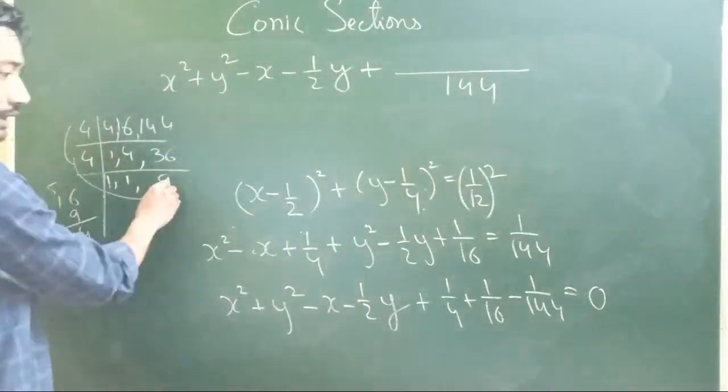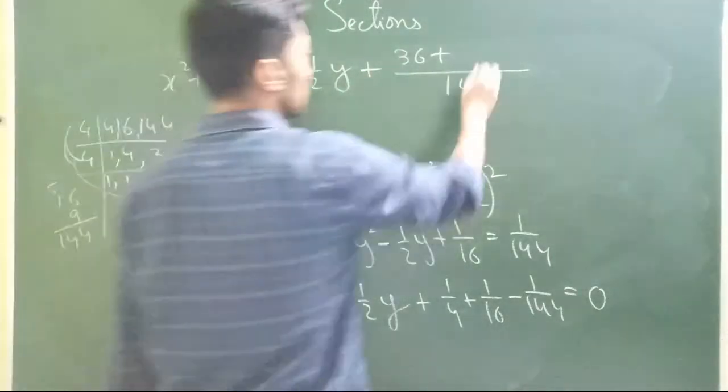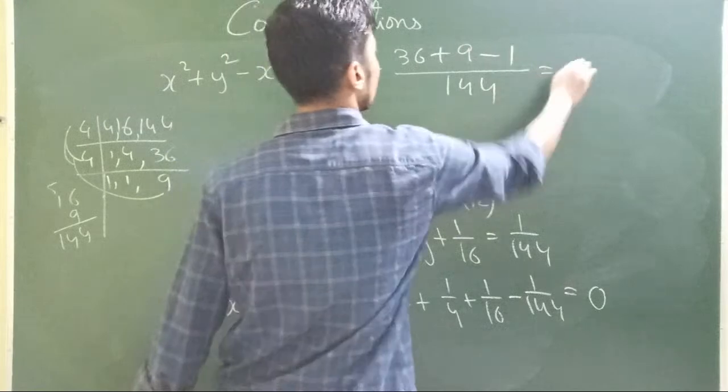So 4 into 36, 16 into 9, minus 1 is equal to 0.